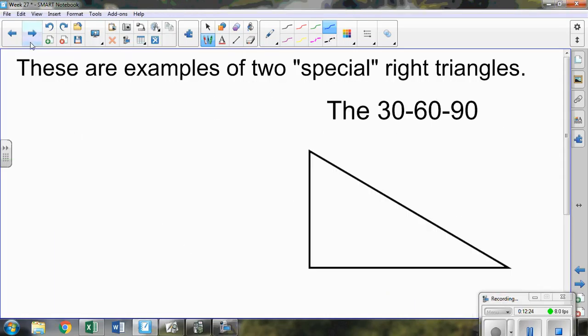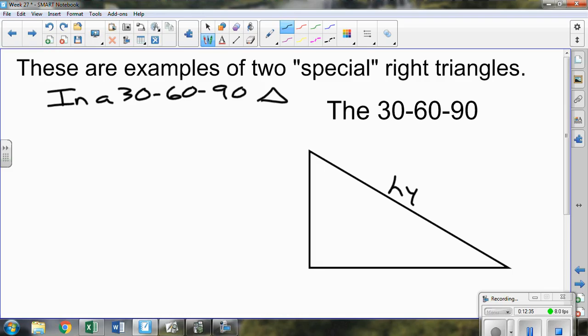Well, with a 30, 60, 90, we'll have similar notes. In a 30, 60, 90 triangle, we had hypotenuse, 30 degrees, 60 degrees. We had the short leg, and we had the long leg. Once again, there will be two equations, two relationships.